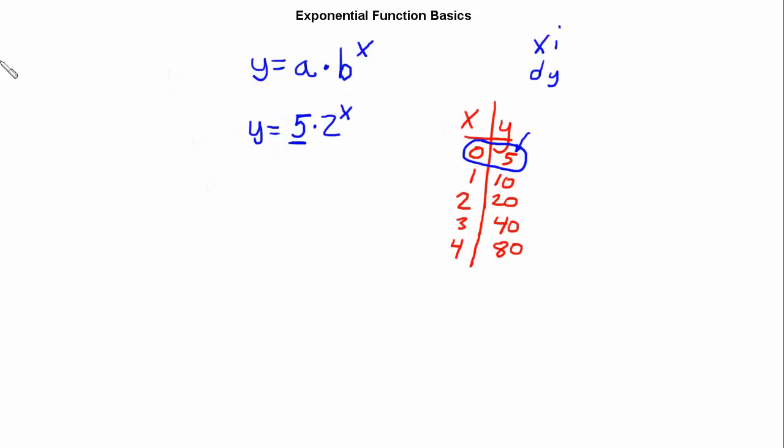So again, if you have your table, x and y, like this, we can relabel this as 0, a. It'll always be this case with an exponential function. That is where you will find your a value, right here. Whatever the y is equal to when x is 0, that is going to be your a value.